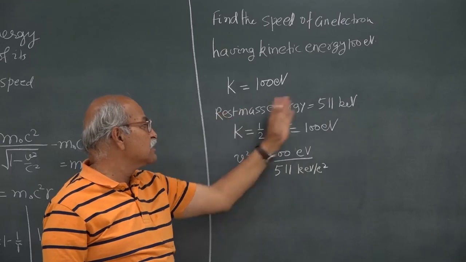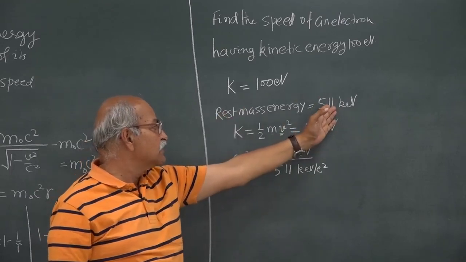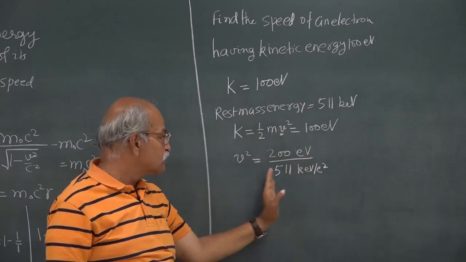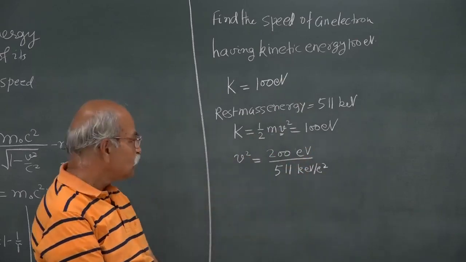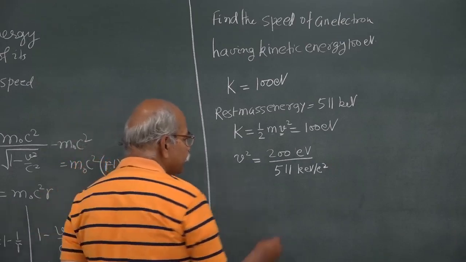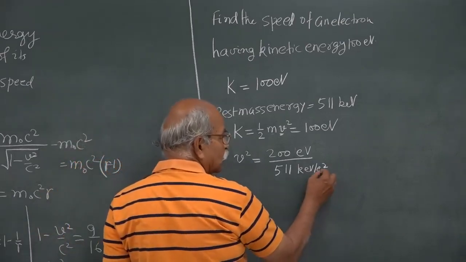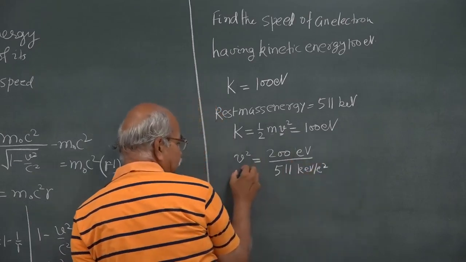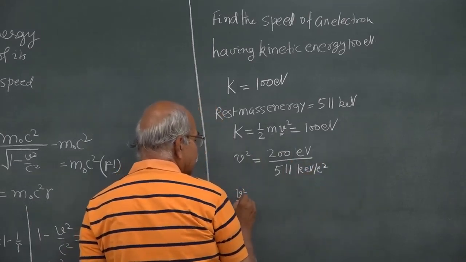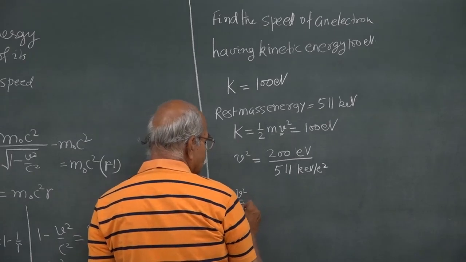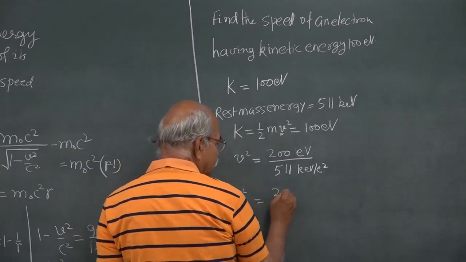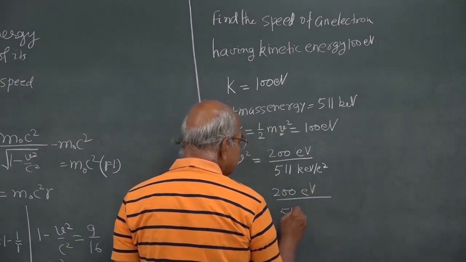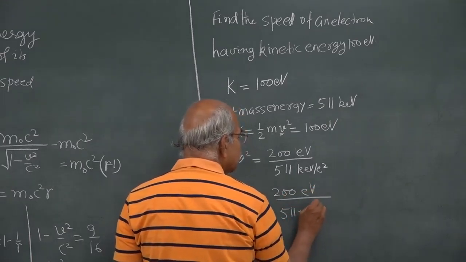So, this c square can go to the other side. So, v square divided by c square is equal to 200 eV divided by 511 into 10 power 3 eV.